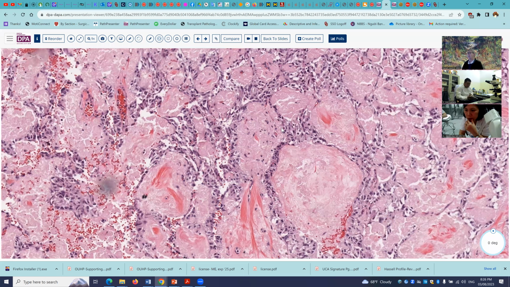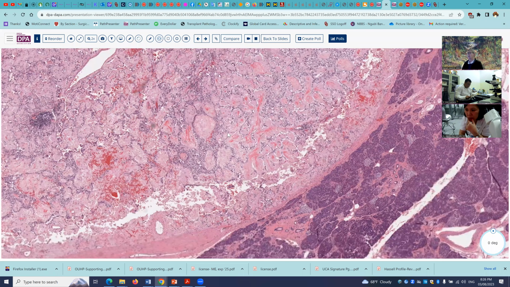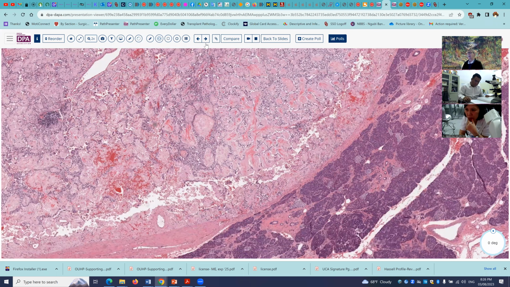And notice here that some of these tumor cells have, or begin to have, a spindle cell morphology, which is another feature that we can identify in the tumors. These look different from the surrounding islets in the surrounding pancreas as well.